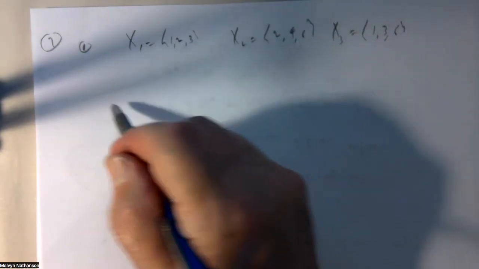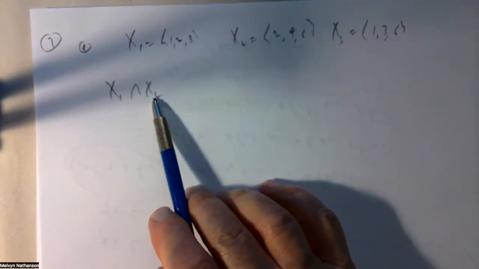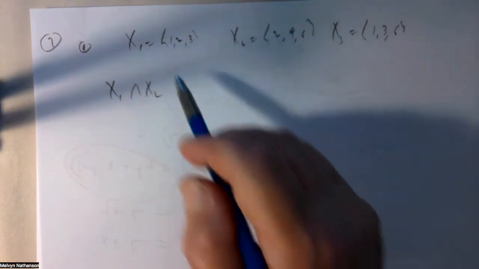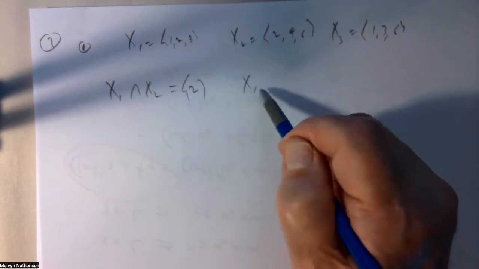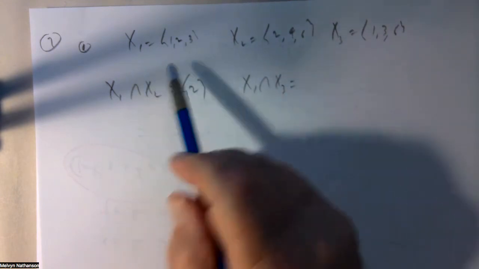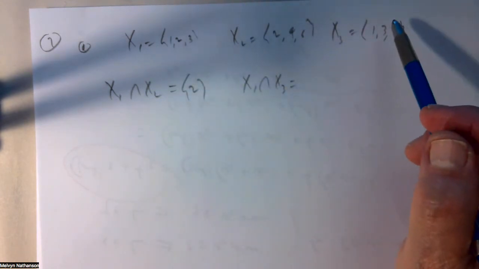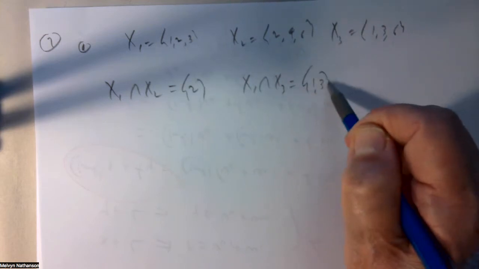This exercise is just to make sure you understand what intersection means. X1 intersect X2 means everything that's in both of these sets. That's just the number 2. X1 intersect X3, that's everything in these two sets. That's 1 and 3.